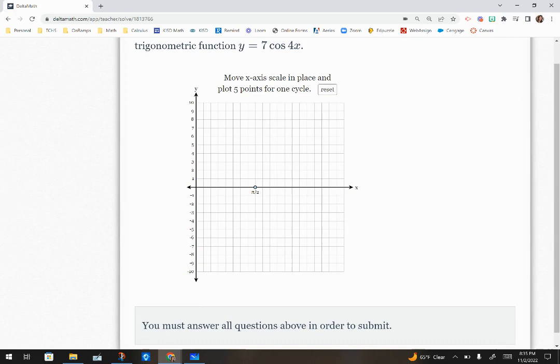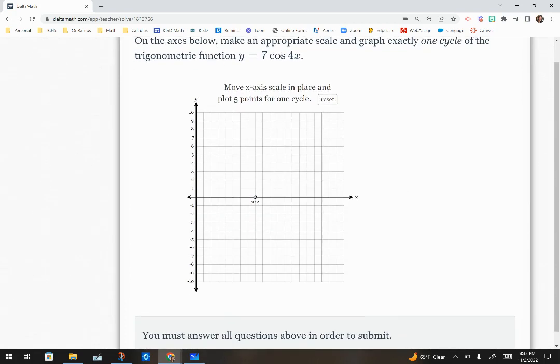Now, what is our midline? Our midline is 0. So if you look at y equals 7 cosine 4x, there's no d value. There's no plus number. So there is a midline at 0. Since we're doing cosine, we are going to start with our first point above the midline axis.